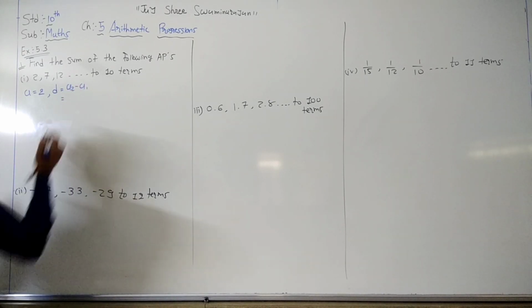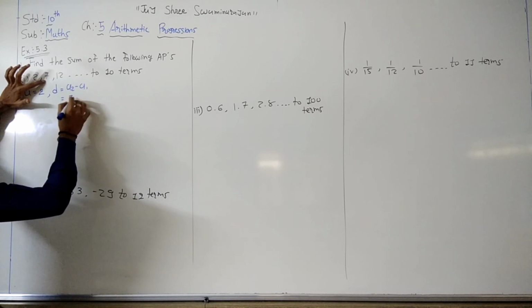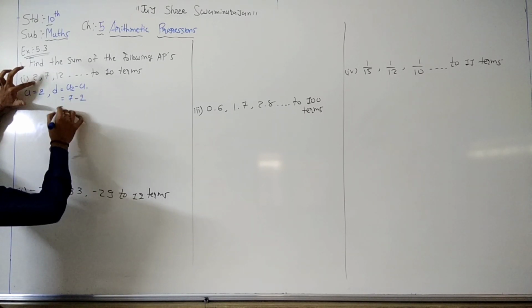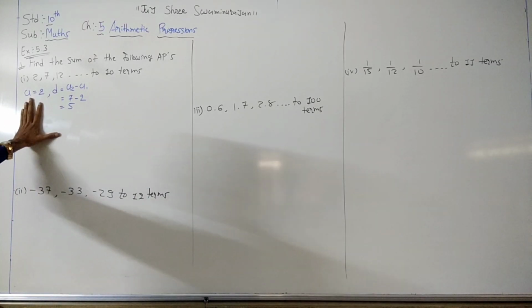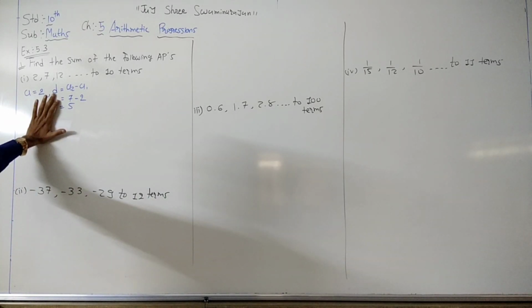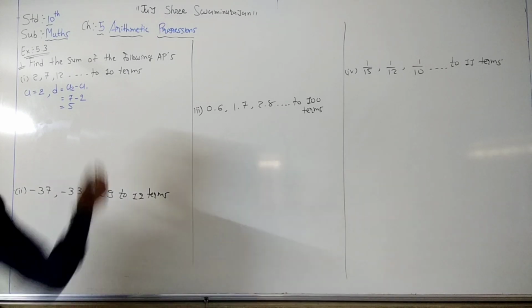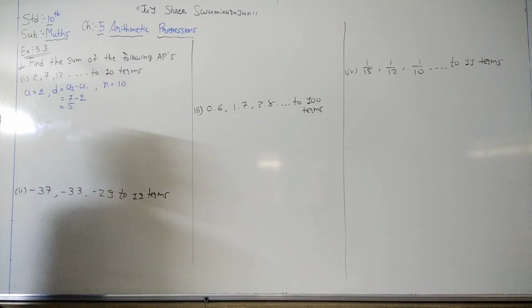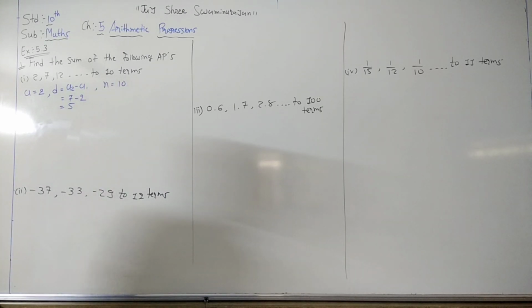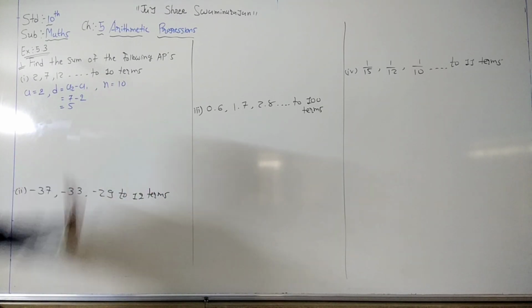The second term is 7, the first term is 2, 7 minus 2 is 5. So a is equal to 2, d is equal to 5, and n is equal to 10, because we want the addition of 10 terms.